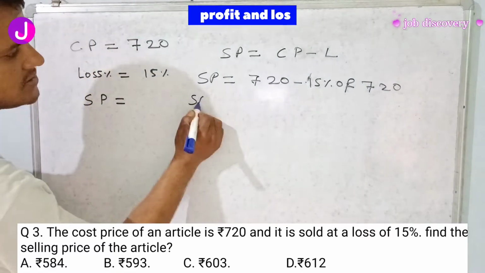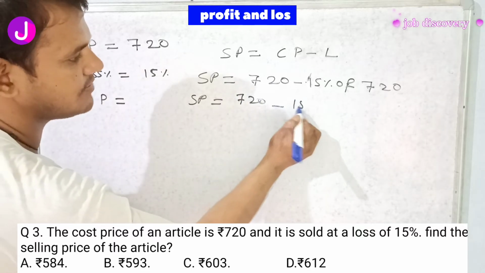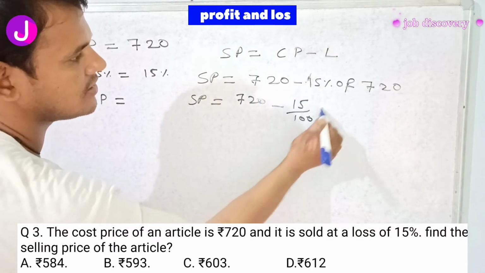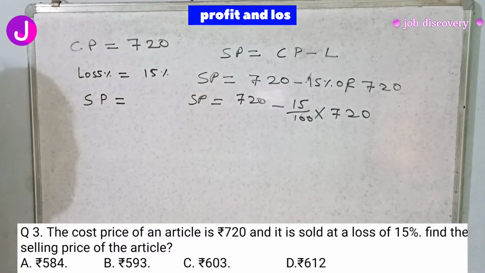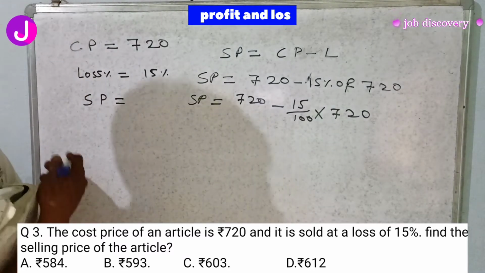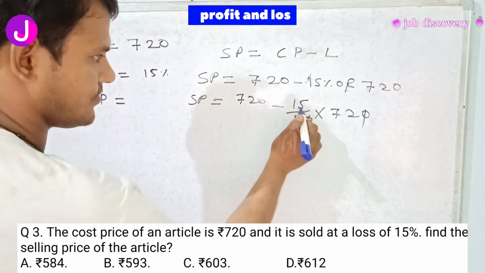So selling price is equal to 720 minus 15 by 100 into 720. The 00 and 00 get cancelled.